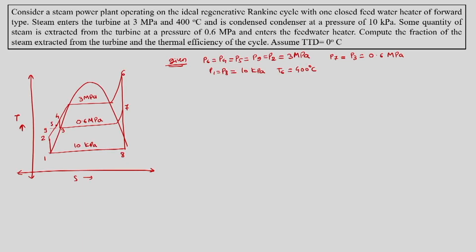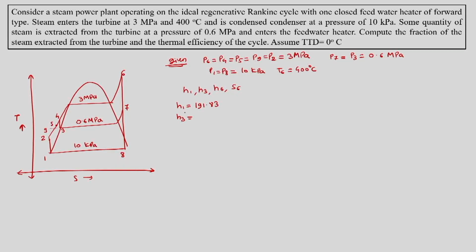First we will go into the steam table, and again we will see some enthalpies which are directly obtainable from the steam table. So, here first we will get enthalpies like H1, H3, H6, and along with that we can get entropy also. H1 is 191.83, which is the liquid saturation enthalpy at station 1 corresponding to 10 kPa.